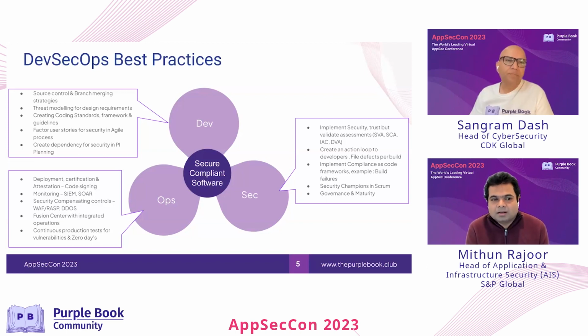I've spoken in multiple forums, and I did say that start left is important. It's not shift. Shift is a term where we kind of want to adjust to our existing legacy stack of technologies or existing ecosystem. But you should be starting left, because implementing security design principles and preaching security in design is the right way of doing security.